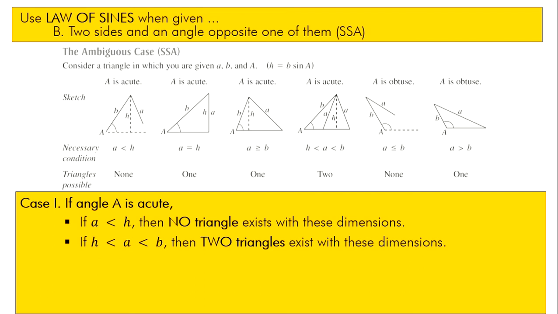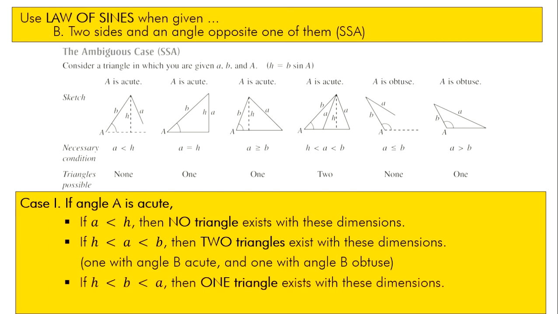There are two possible triangles, one with angle B acute and the other one obtuse. In addition, if b is between h and a, so b is greater than h and less than a, then one triangle exists with these dimensions.